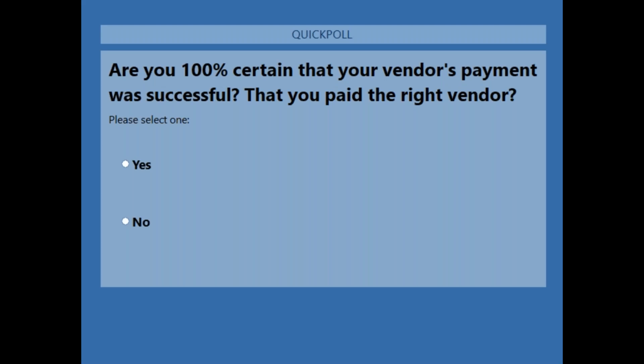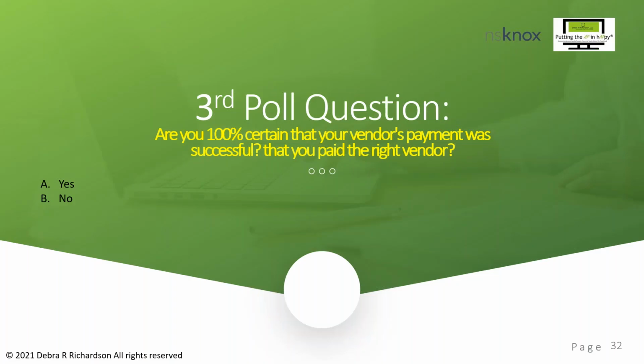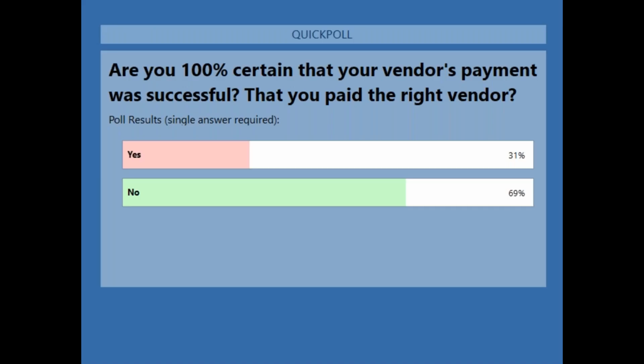And so it looks like we have most folks that voted. So I'm going to go ahead and close the voting, and let's see what the results were. So we had 69% indicated that no, they are not 100% certain that they paid the right vendor, and 31% did say yes.